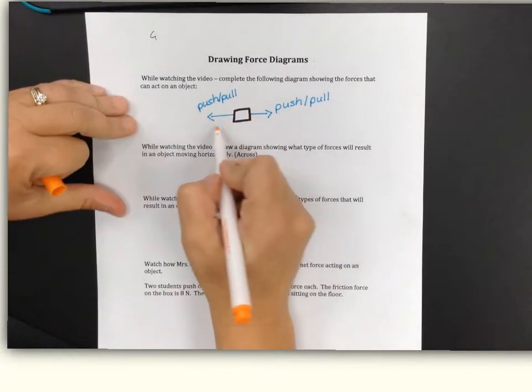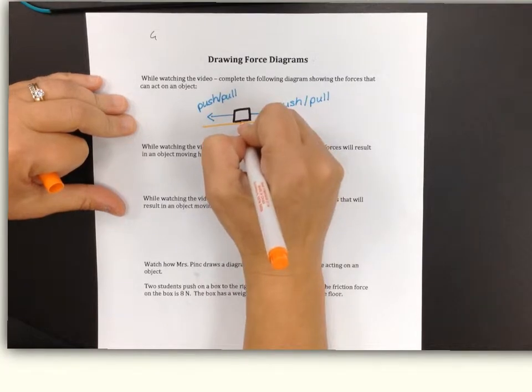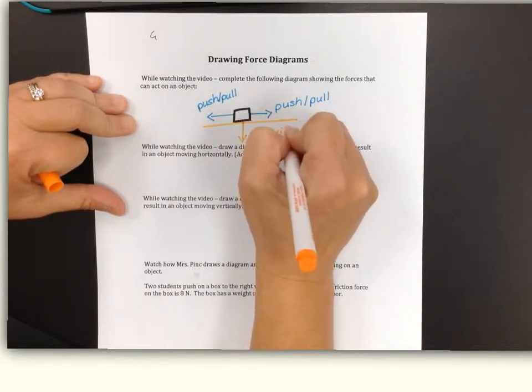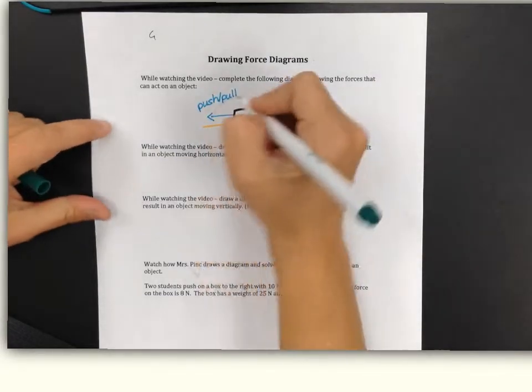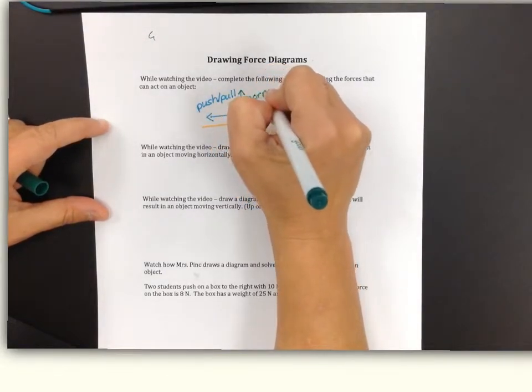If an object's sitting on a flat surface, such as a table or the ground, the force of gravity is pushing down on the object. Because the object's not falling through the table, the ground has to be pushing back up on the object with the same force, and we call this upward force the normal force.